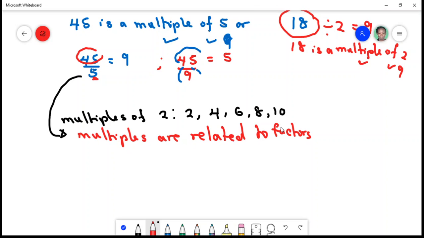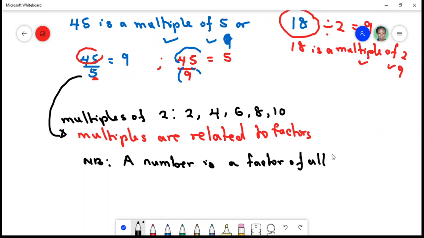So let me note here, a number is a factor of all its multiples.